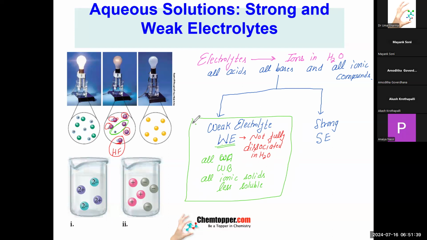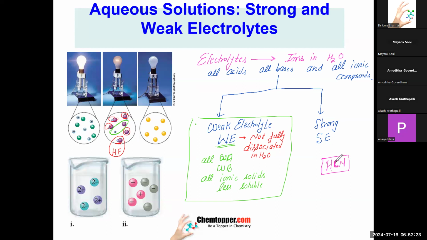Can you tell me, all carbon containing acids are weak or strong? Just read the list. If I give you HCN, is it a weak acid or strong acid? Acids start with hydrogen. We have done the nomenclature earlier. So HCN is a weak acid or strong acid? Is it a carbon containing acid?